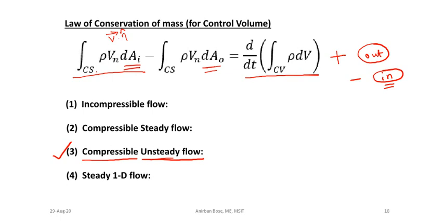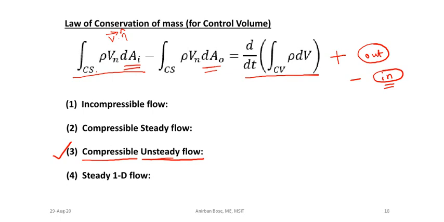So here you can see since it is unsteady, you cannot say that this whole quantity will be 0, because only in case of a steady flow the quantity will not be dependent on time, and can be considered 0. But here it is unsteady, so this term will be intact. And this is basically the equation that you can see.